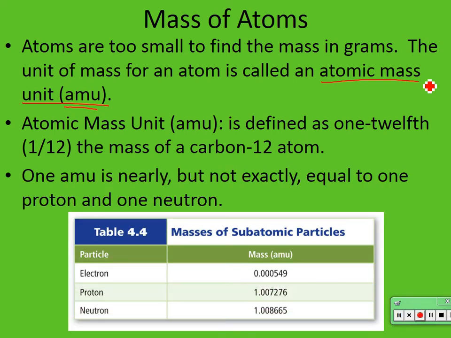An AMU is nearly, but not exactly, equal to 1 proton and 1 neutron. If you look at this table, a proton and neutron are pretty close to 1 AMU, 1 atomic mass unit. And the mass of an electron, 0.0005. Way less.